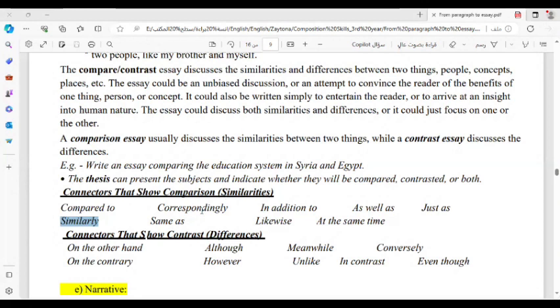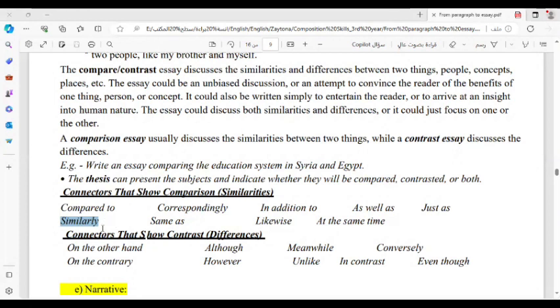Yes, both. It is a word or connector we can use to say that we have similarities between two things.